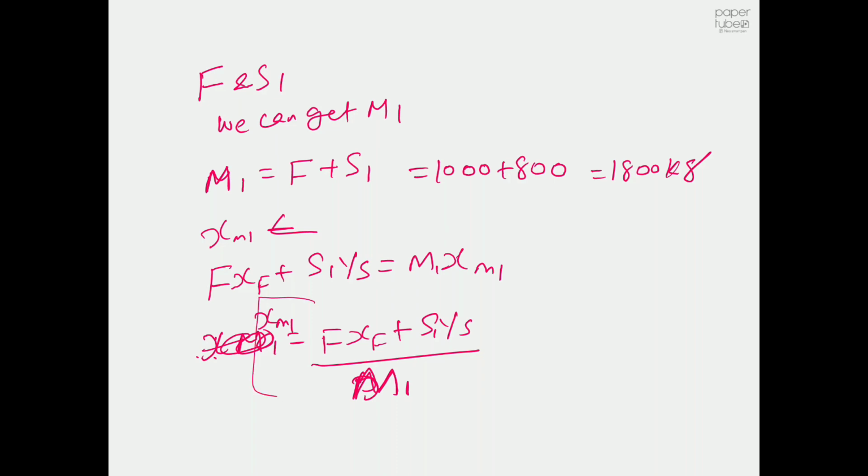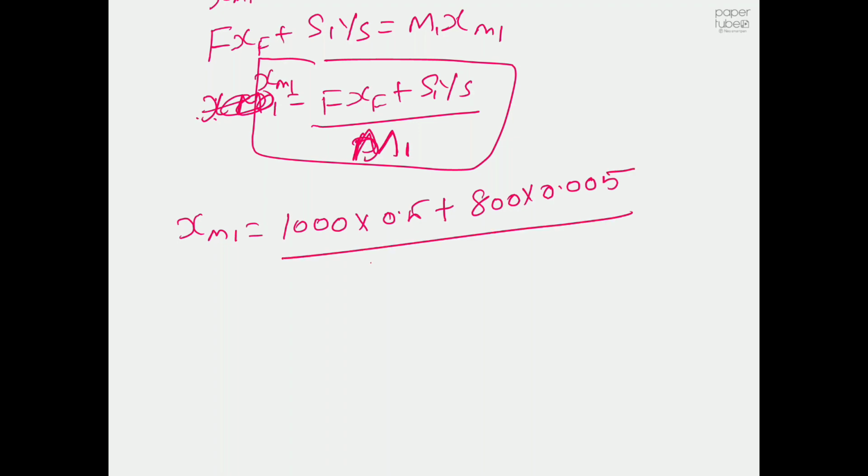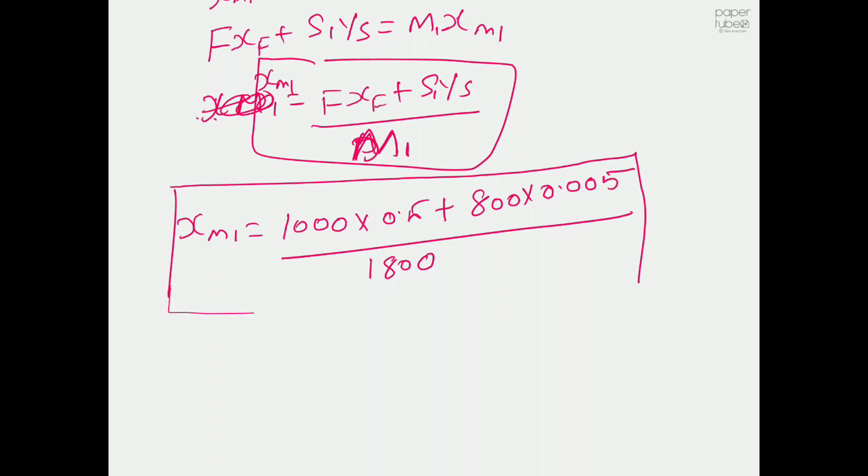So xM1 should be equal to the feed value 1000 multiplied by 0.5, plus S1, 800, multiplied by 0.005, divided by the M1 value we have here, 1800 kilograms.